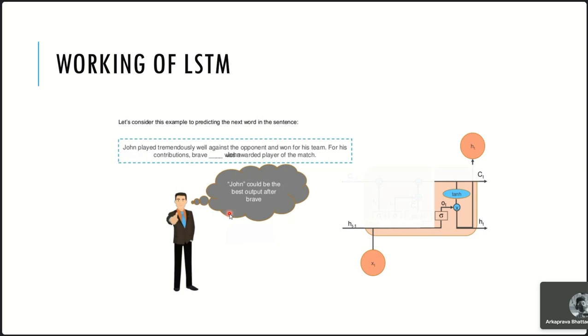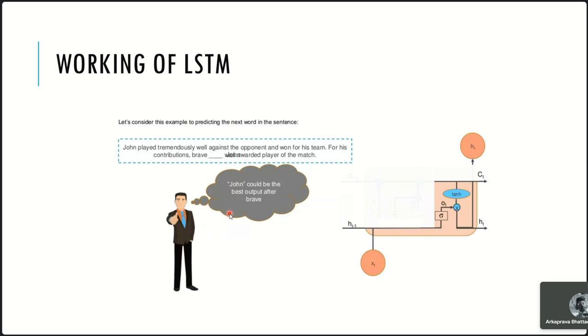Although you can have words like footballer, man, or captain, when you talk about the probability for each of these words, I guess John will have the highest probability, because earlier we were talking about John everywhere. So the option that your output gate gives more importance to is the word John compared to other words.